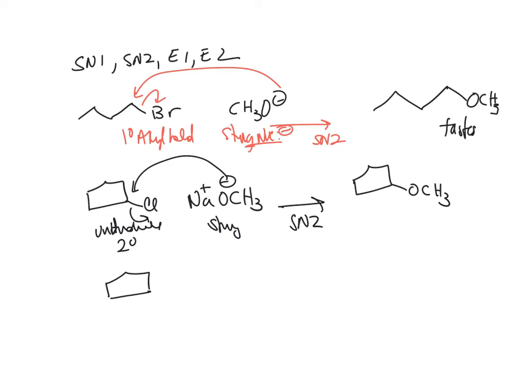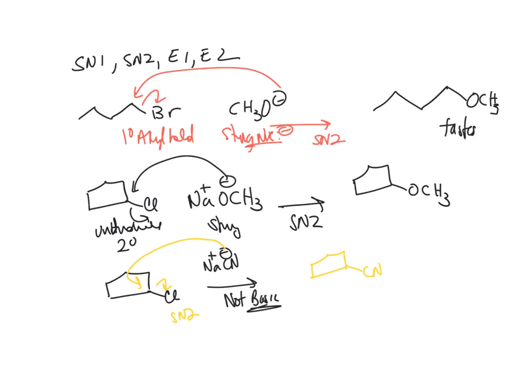Here, now we have sodium cyanide. Now, sodium cyanide will not be basic, so you're not even going to have to worry about an E2. So this is going to be an SN2. Okay, so that's cyanide.